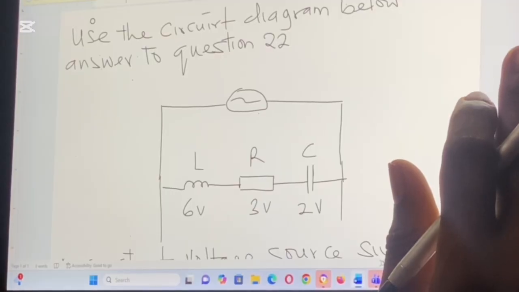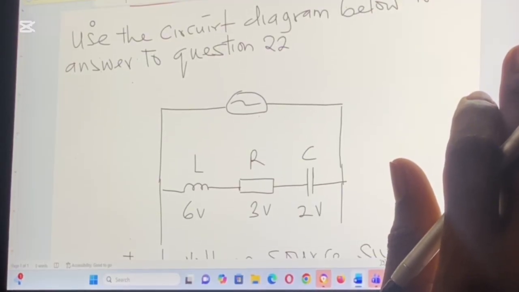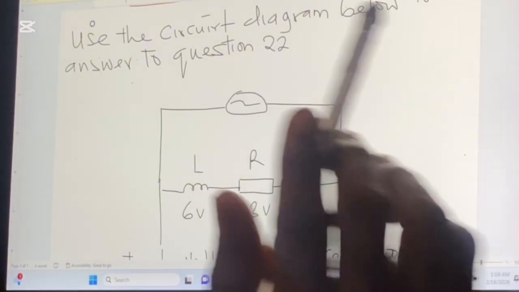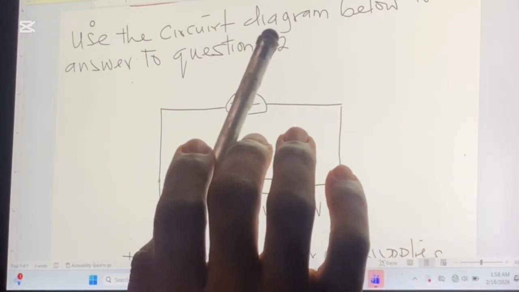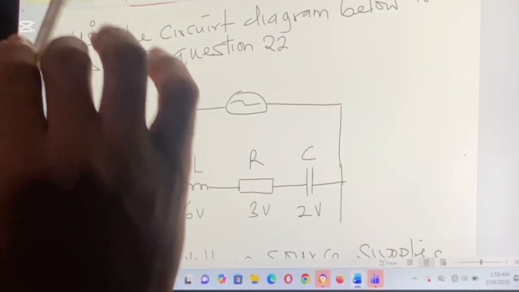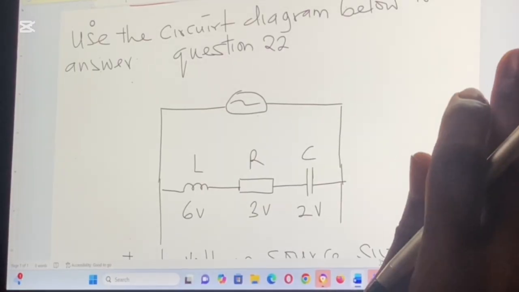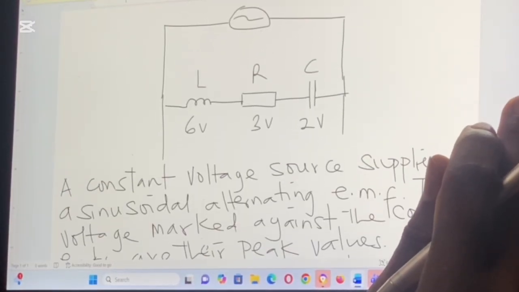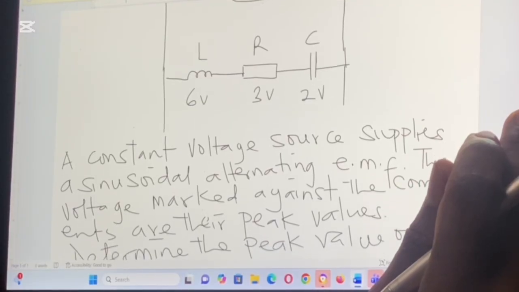They said use the circuit diagram below to answer question 22. Okay, now this is the diagram given to us here, and let's read to understand perfectly from the statement here.